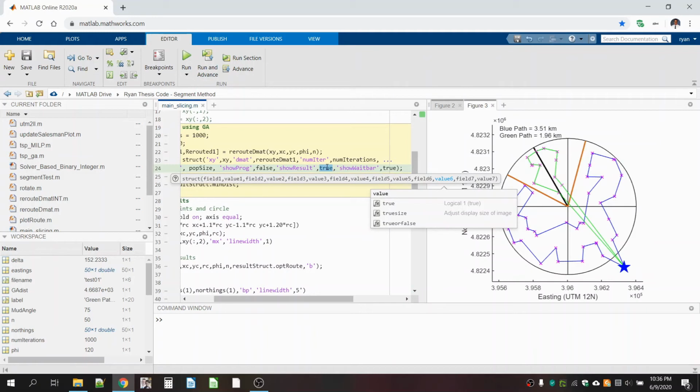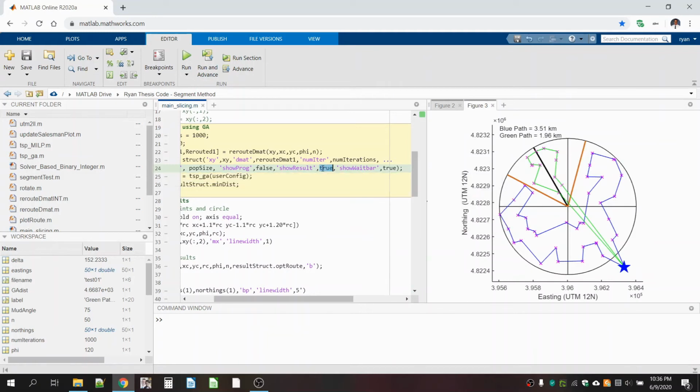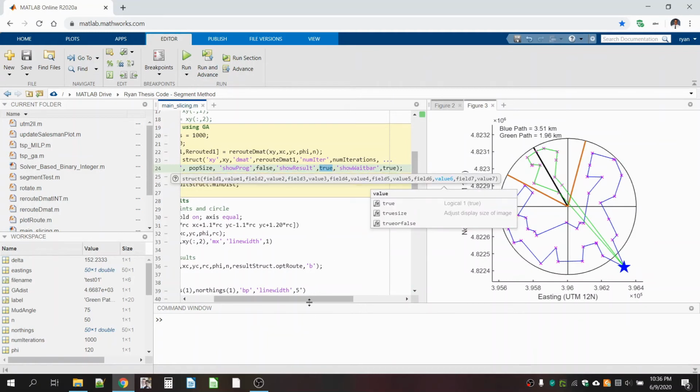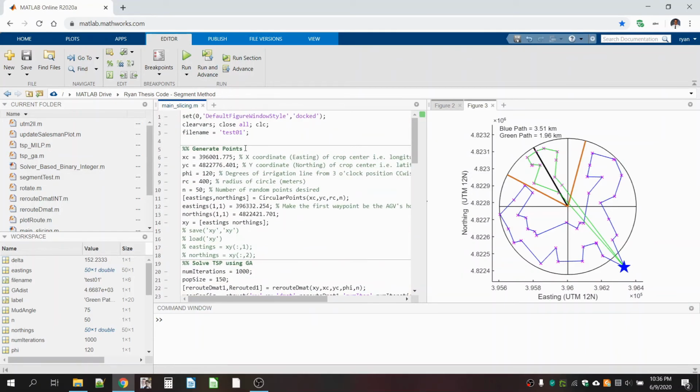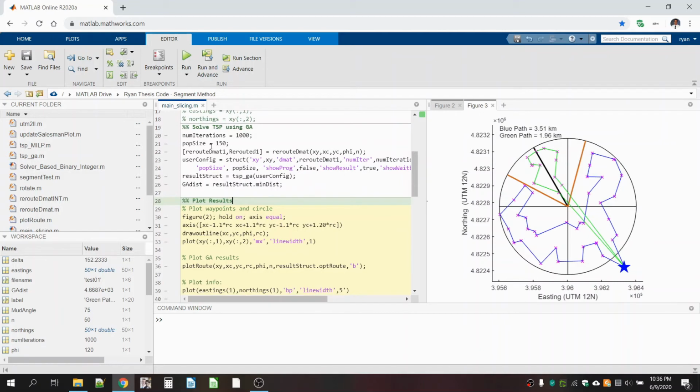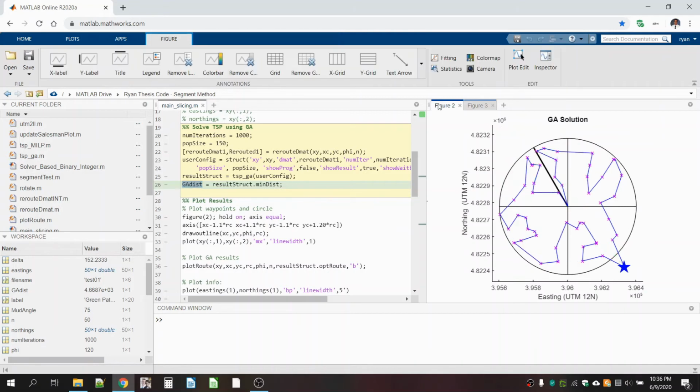So if you want to see the convergence or whatever, you can have that set to true. So what this script is doing is just like the previous one. You are generating points, then you're going to solve it and pull out your optimum distance, the minimum distance, and that is plotted here.